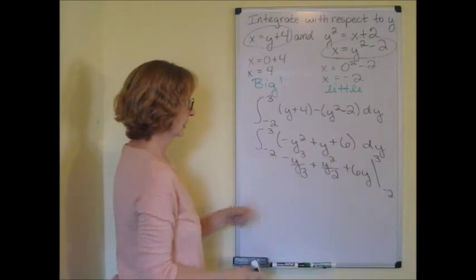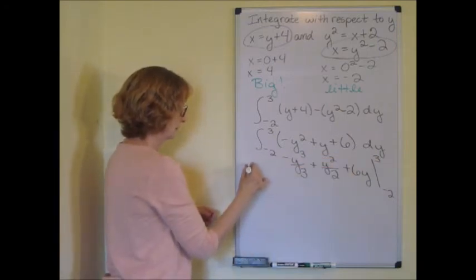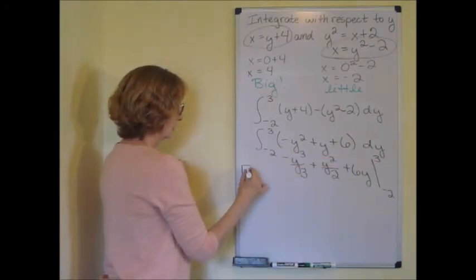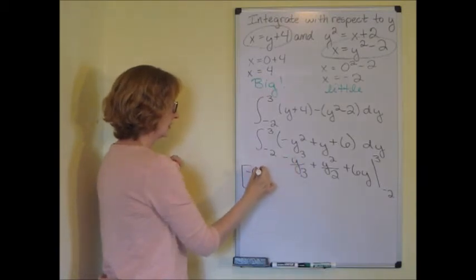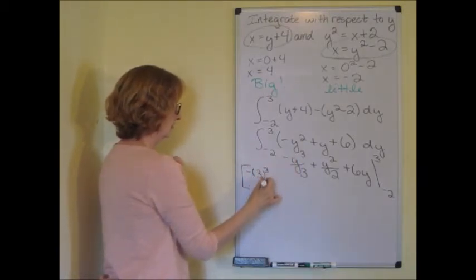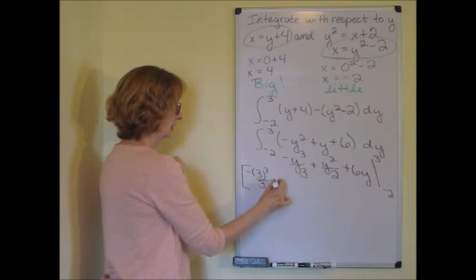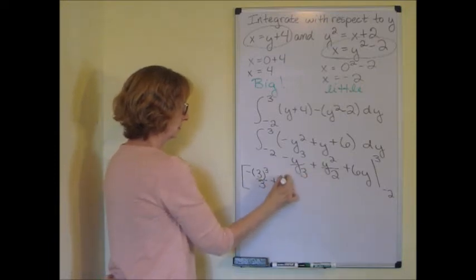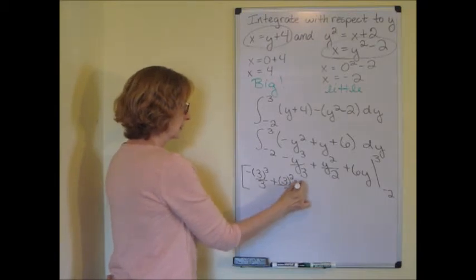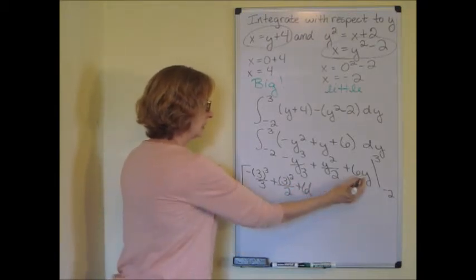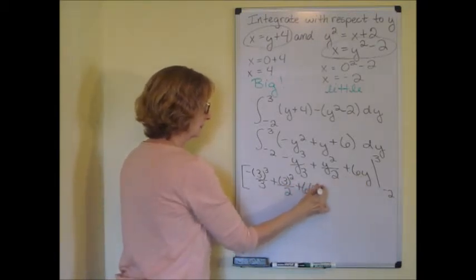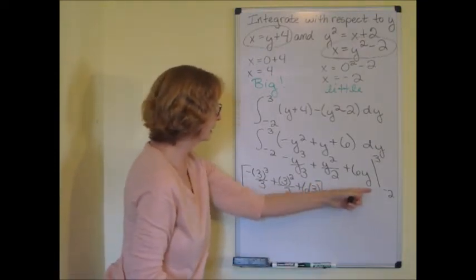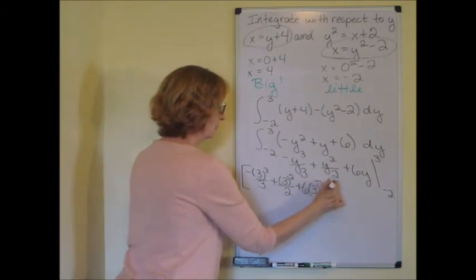Now we can just plug in our 3. So negative, this is going to be 3 cubed over 3, plus, plug in your 3, 3 squared over 2, plus 6 times 3 for y, minus, and now we're going to plug in our negative 2 carefully.